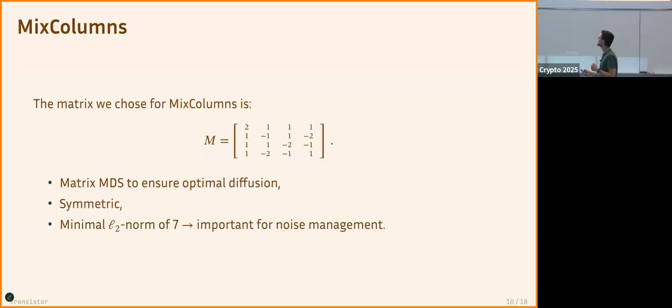First, it's MDS, so it has all the nice properties of optimal diffusion to make proofs. And also, the noise increase that is going to occur is proportional to the norm of the rows. So we managed to find the MDS matrix with the smallest norm on its rows. So that's quite nice.